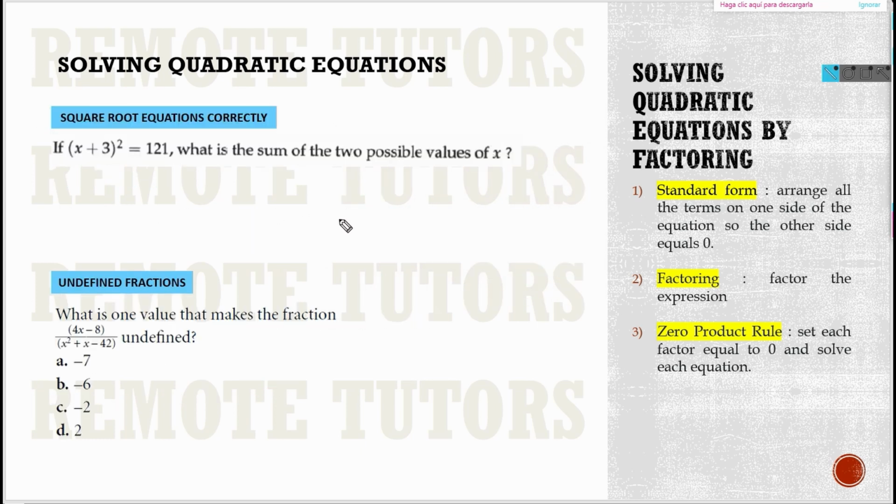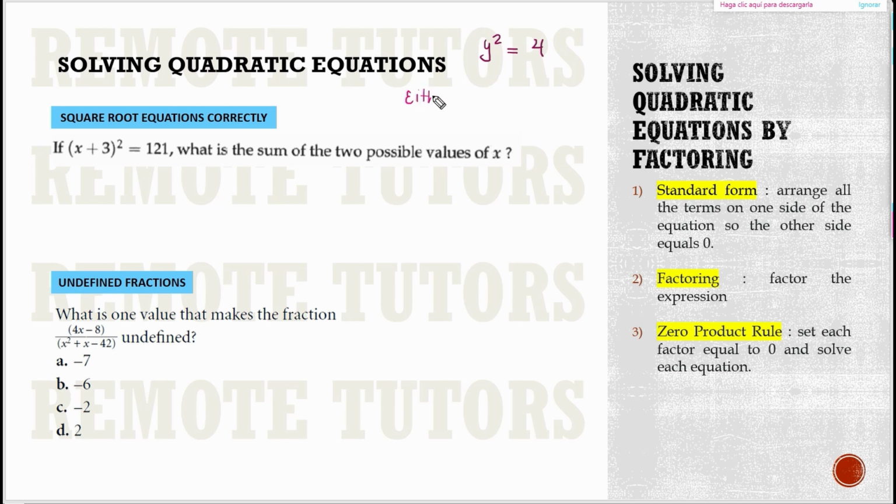Okay, now let's work on these two additional types of exercises. Let's start with square root equations. Suppose you're told that y to the power of 2 gives 4. Since this is a quadratic equation, you will have two possible answers.